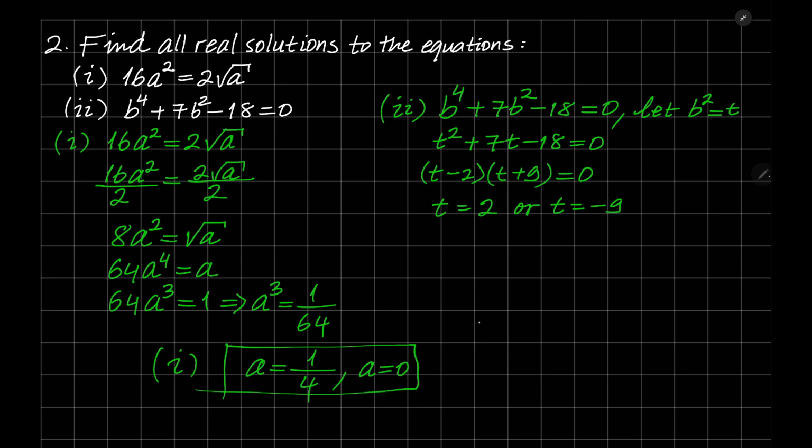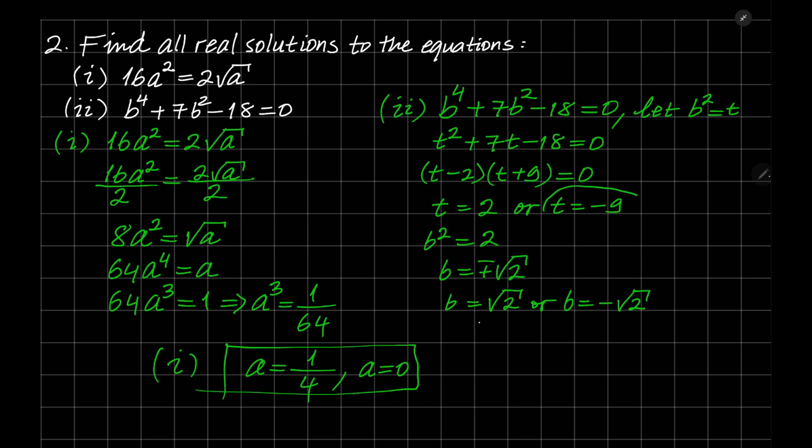In this case, b squared is equal to 2 and b is equal to plus or minus square root of 2, so b is equal to square root of 2, or b is equal to negative square root of 2.